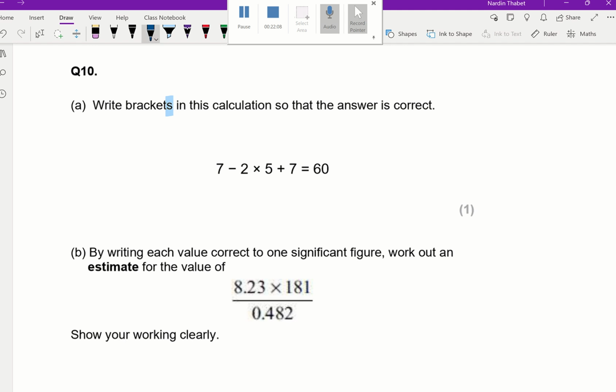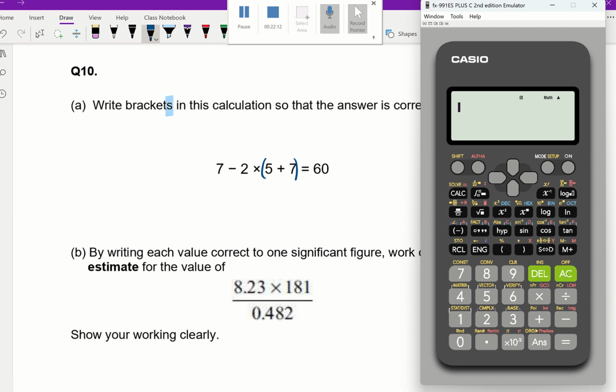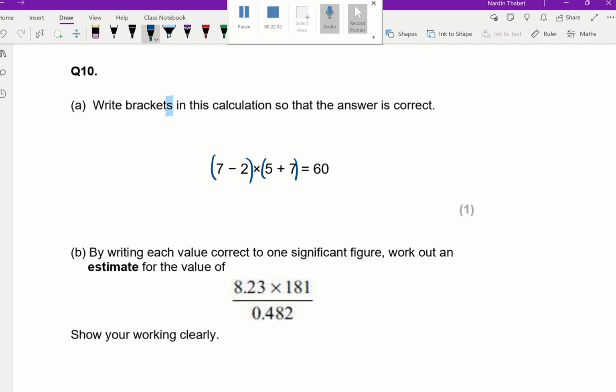So if you want to try this, let's put that into my calculator. 7 minus 2 times 5 plus 7 doesn't give me 60. So again, you can try different positions for the brackets. And we found that we have to have 2 brackets.